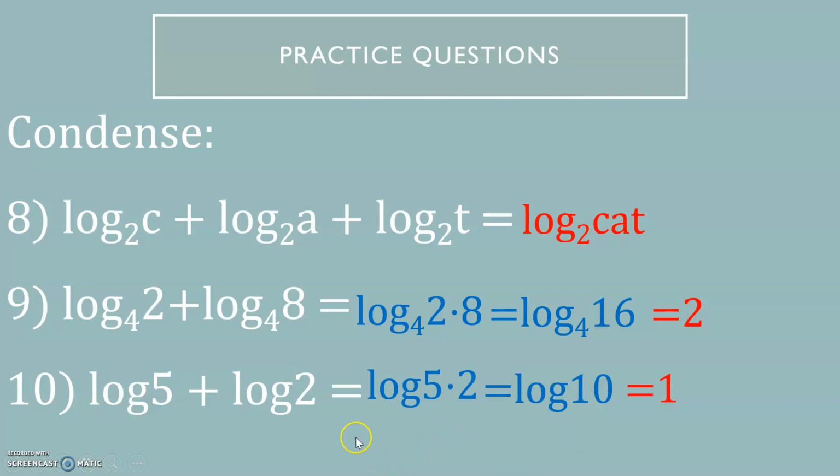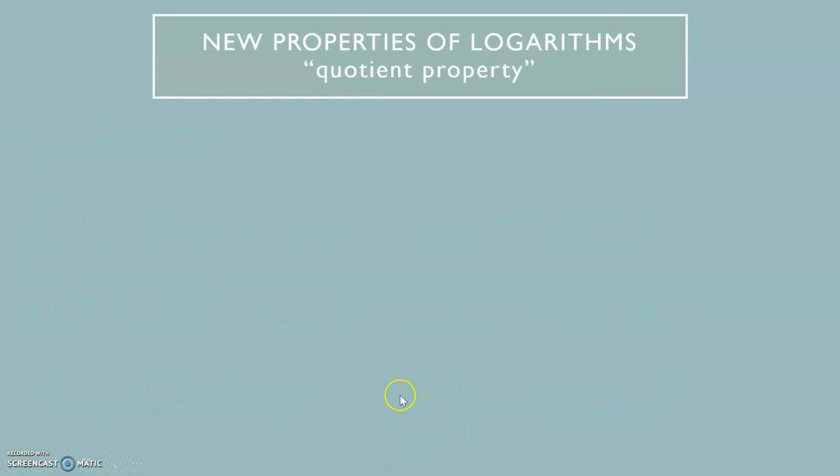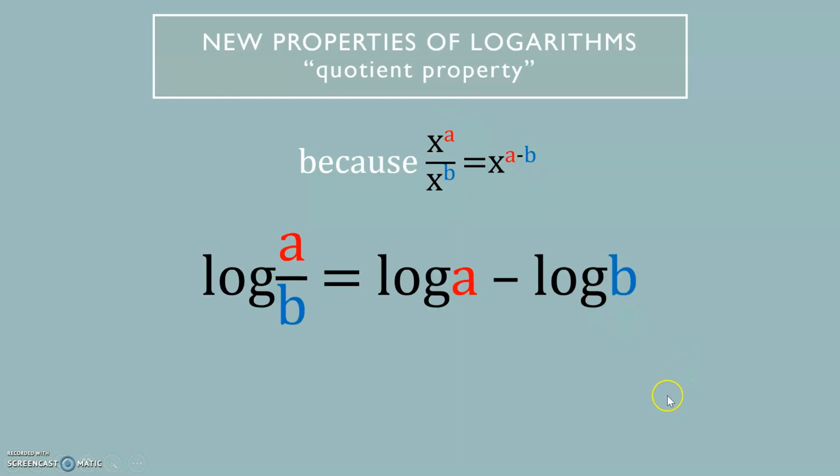Well done. Next property is called a quotient property, and it's based on our exponential property, where if we are dividing like bases, we keep the base and subtract the exponents. That creates for us this log property.